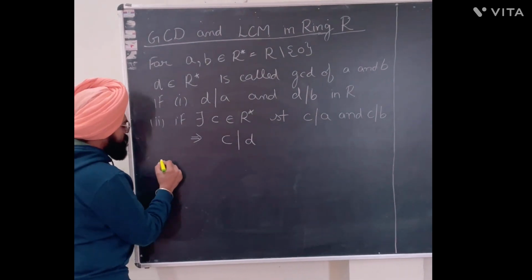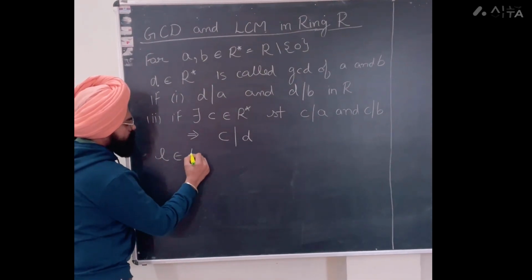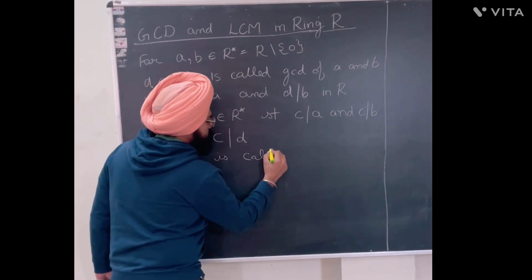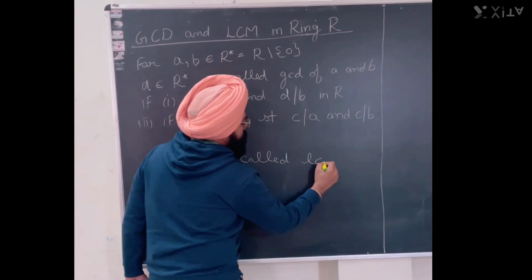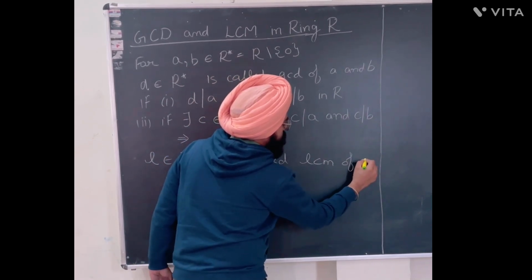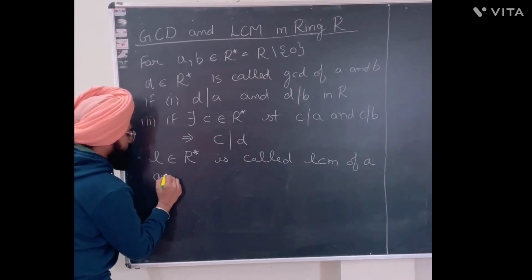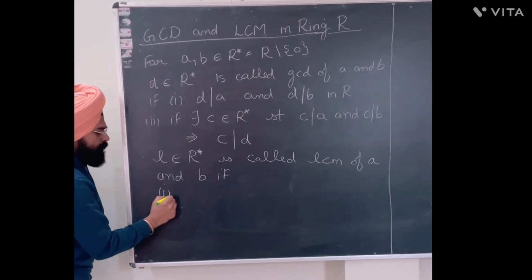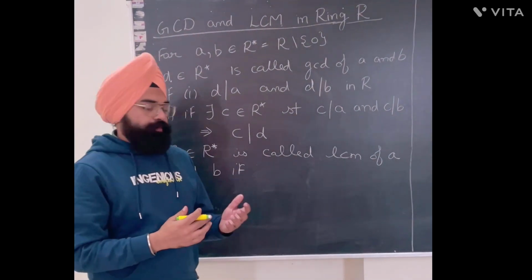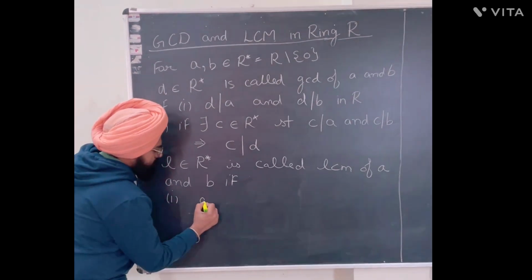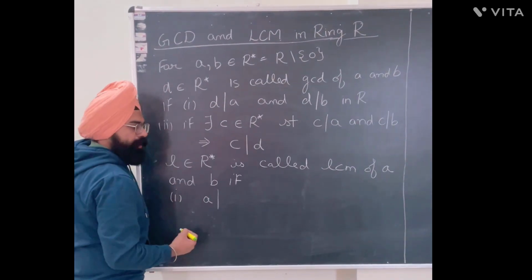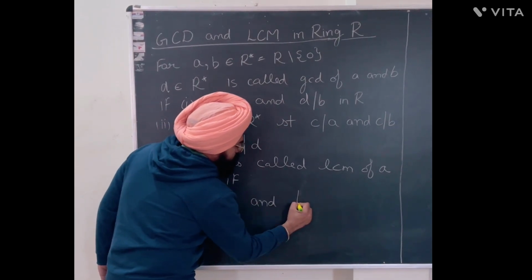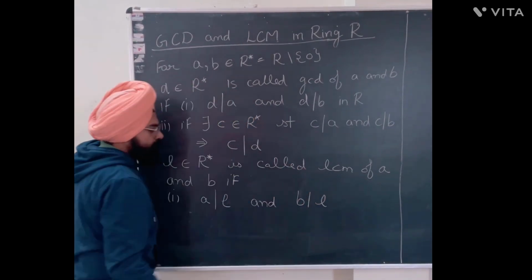Now for LCM, say l belonging to R star is called the LCM of a and b if first of all, because LCM means least common multiple, it should be a multiple of both a and b, that is a divides l and b divides l.